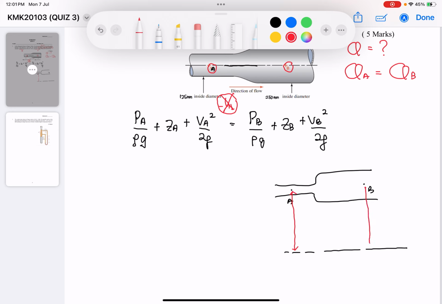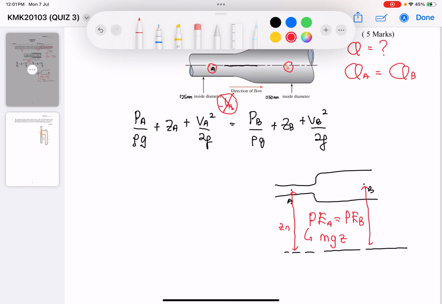is actually equal to the height at point B, or I can say that the potential energy at point A is equal to the potential energy at point B, because by definition, potential energy equals mass multiplied by gravitational acceleration multiplied by Z, which is elevation.